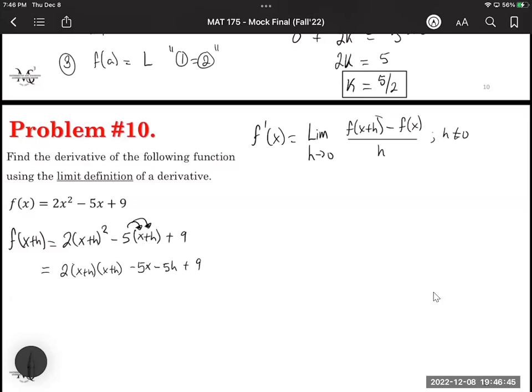But more importantly, going back to the (x plus h) times itself, you can expand this out by FOILing. So you get 2 times x times x is x squared, x times h is xh, h times x is the same thing as xh as well, and h times h is h squared.